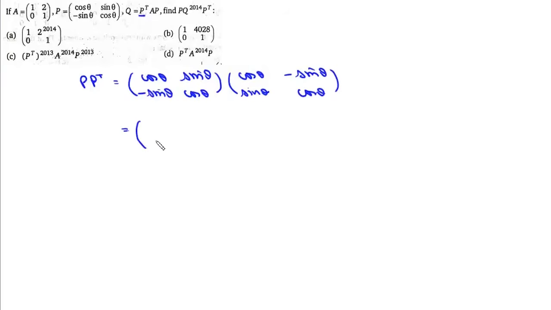Now this is cos square theta plus sin square theta, which is 1. This is 0. This is 0. And this is 1. So basically P into P transpose is an identity matrix.